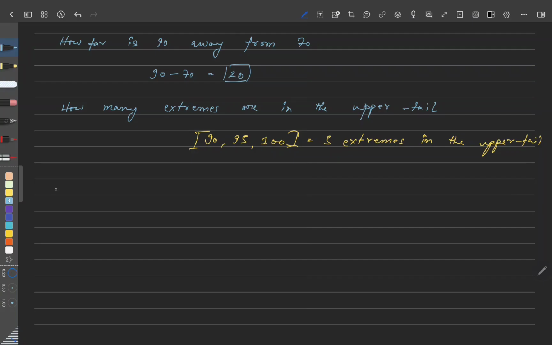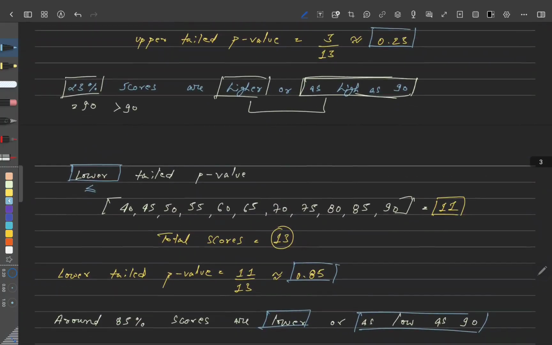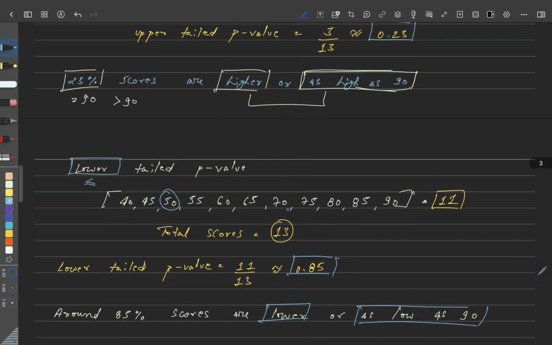Now, how many extremes are in the lower tail? Let's do 70 minus 20, which would give us the lower side extreme, which is 50. So 50 is our first value on the lower side, which is 20 away from 70, our mean.